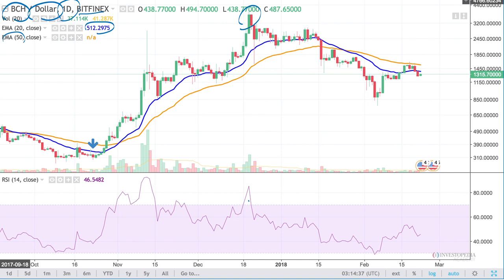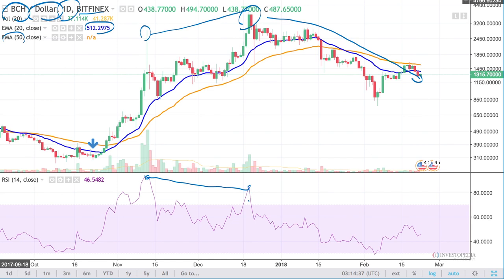However, this RSI was lower than the previous one, which is actually a lower high. So the RSI actually went down as prices went up. So this is known as a bearish divergence. And this is telling you that prices likely will not continue higher because the RSI is not matching where the price is going. And in fact, the price of Bitcoin Cash dropped over the next couple of months.